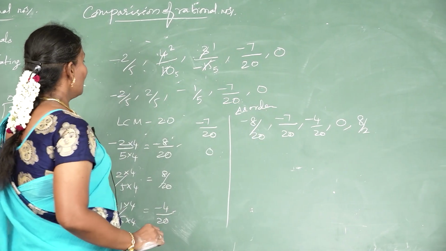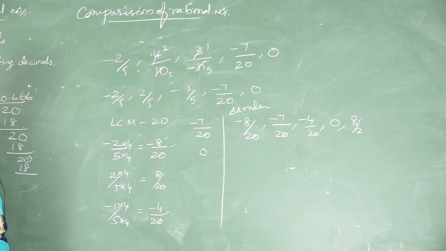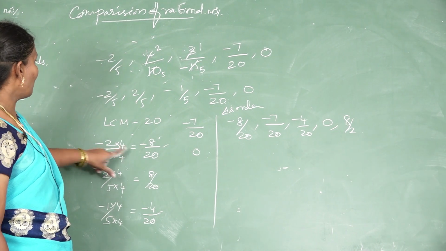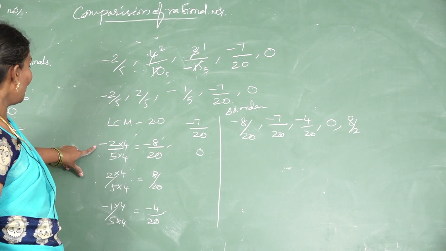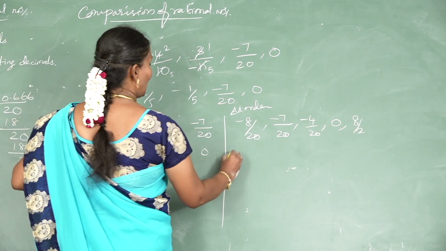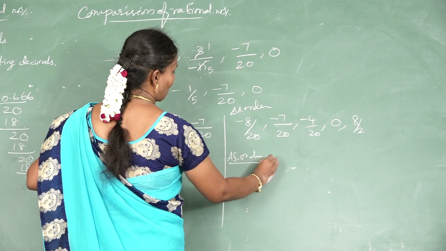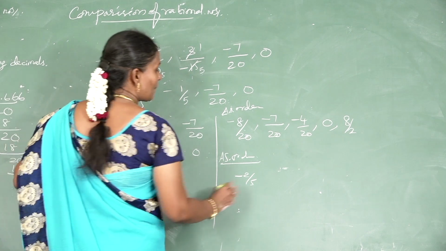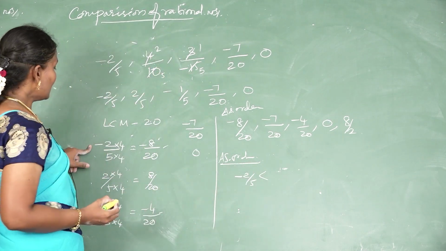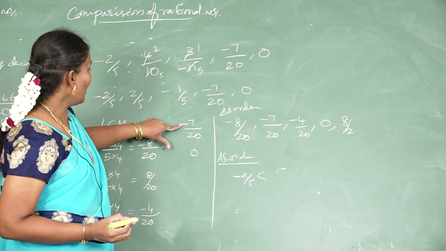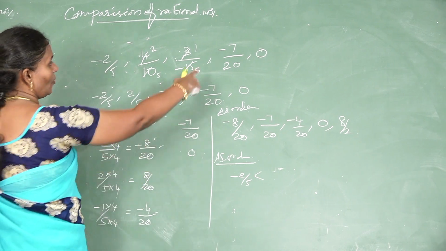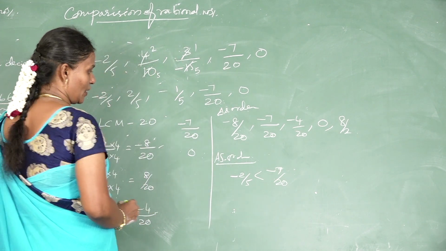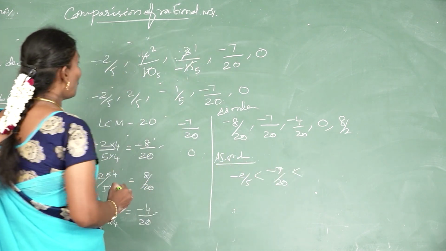Now you write the numbers that were given, in ascending order. Where is minus 8 by 20 here? It is minus 2 by 5. So the ascending order is minus 2 by 5, that is the first number, less than. See, what is the next? Minus 7 by 20. It is already in the given numbers. Minus 7 by 20. What is the next number? Minus 4 by 20.